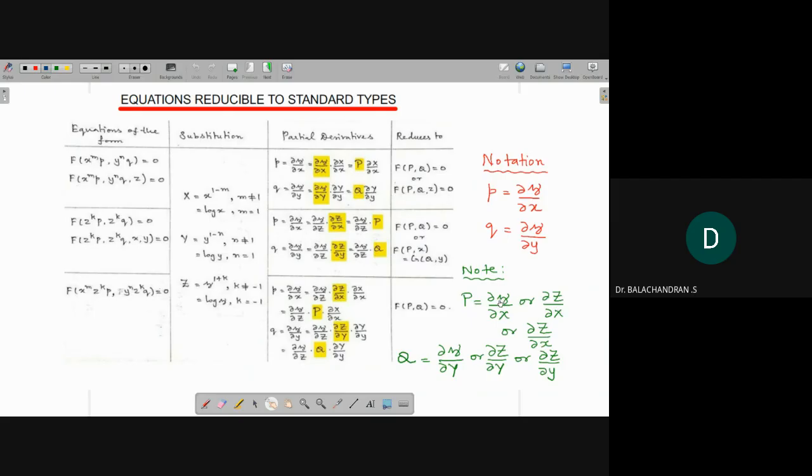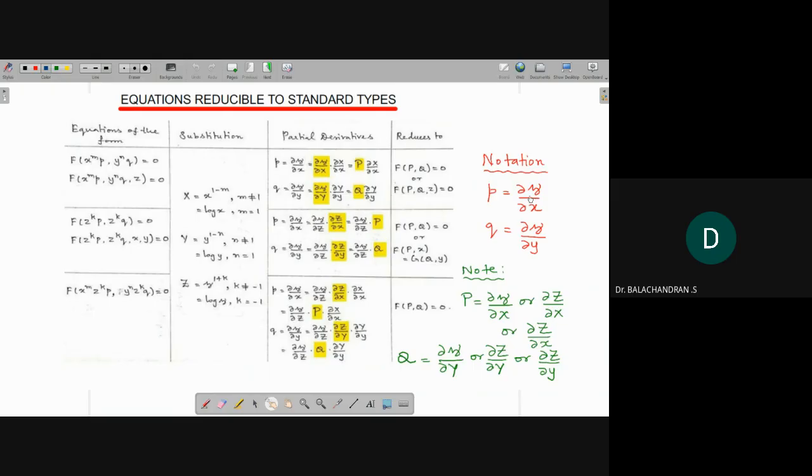For each of these I'll take capital P. Similarly q is dou small z by dou capital Y, or dou capital Z by dou capital Y, or dou capital Z by dou small y. This is q.